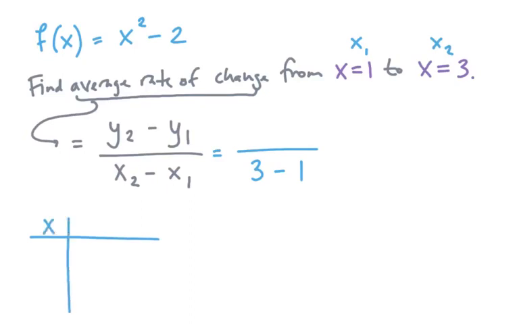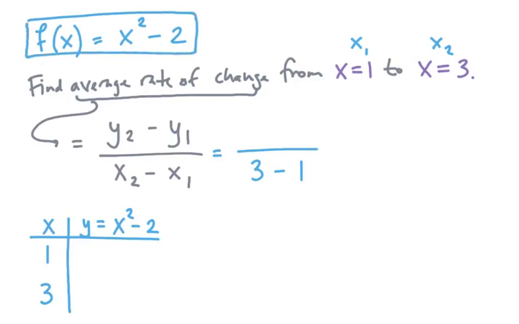So when x is equal to 1 or when x is equal to 3, the y value is found by plugging it in to the equation of the function. So of course, in this example we were told the function is x squared minus 2. So if I plug in 1, that just means anytime I see an x in the function, plug 1 in.